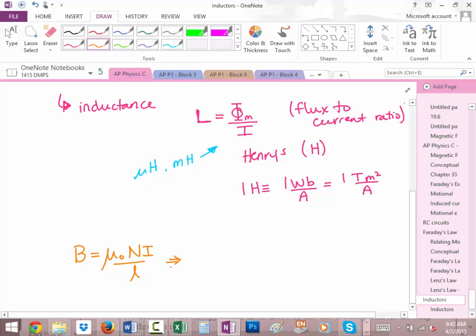It's script L. Capital L is inductance; script L is the length. This one you should know.